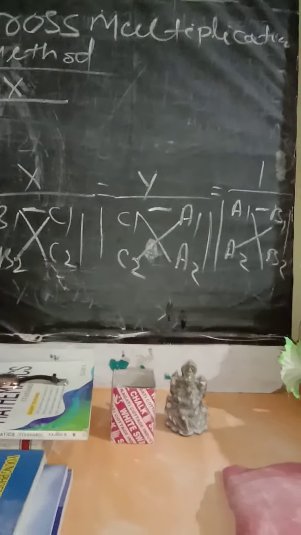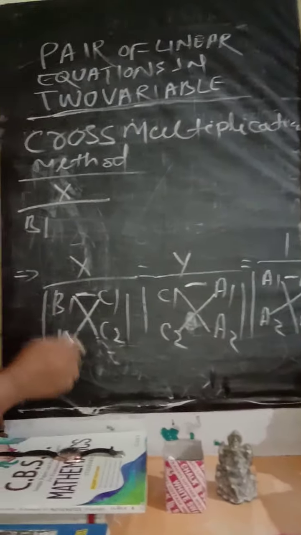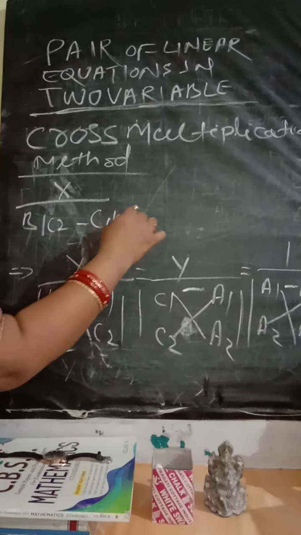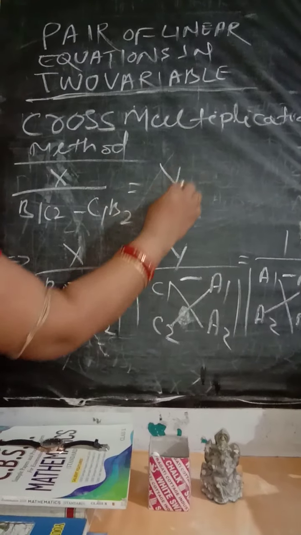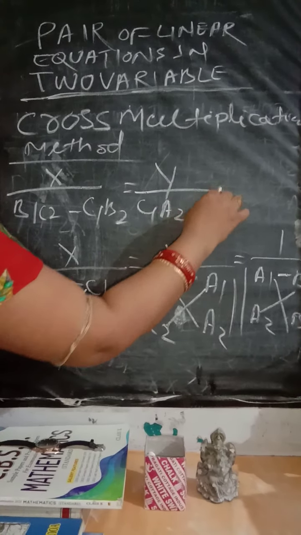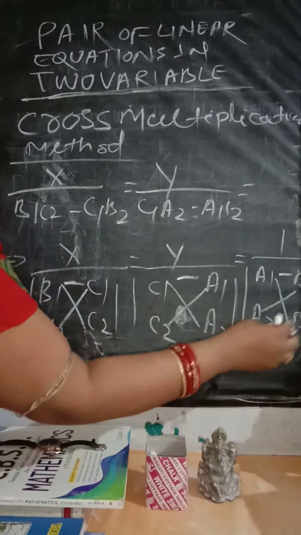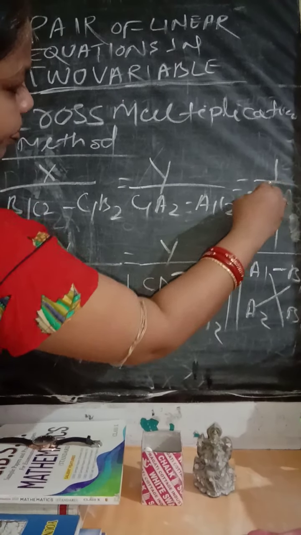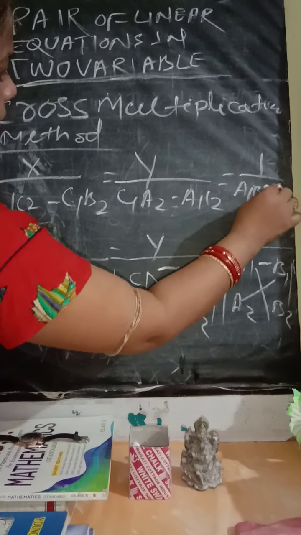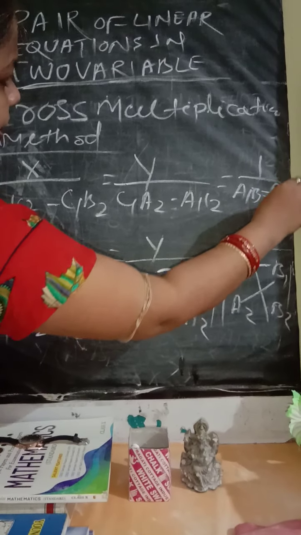So x by (b1c2 minus c1b2) is equal to y by (c1a2 minus a1c2) is equal to 1 by (a1b2 minus b1a2).